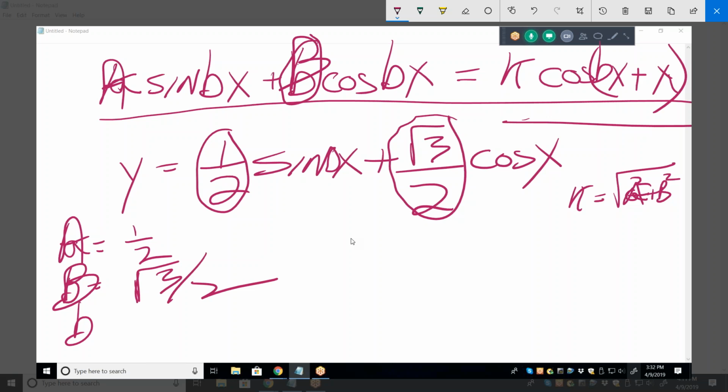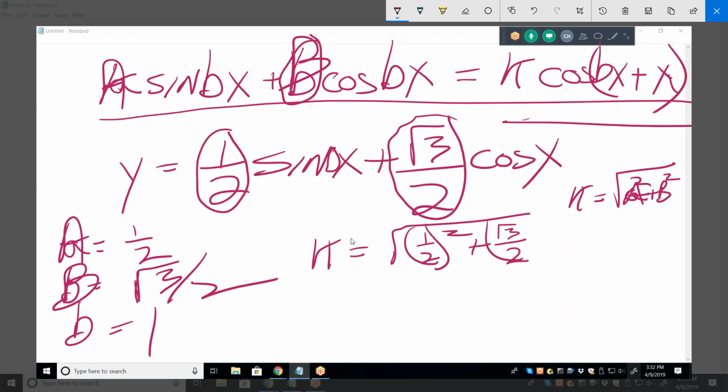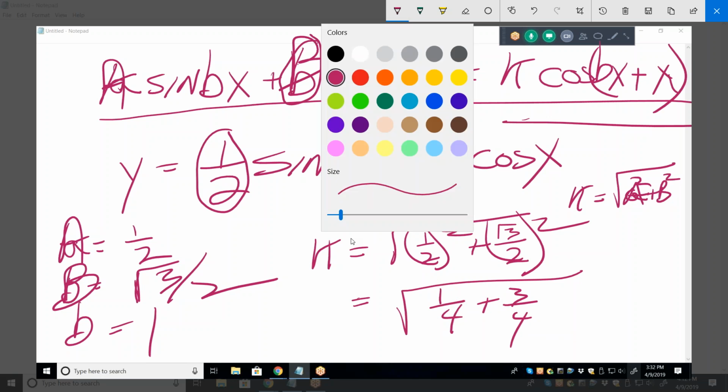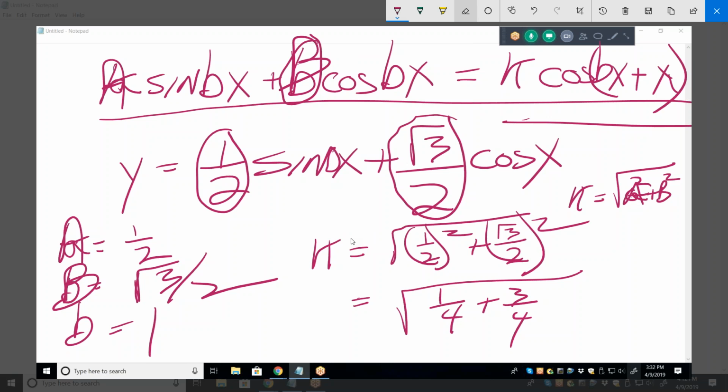Yes, sir. Little b is 1. And k is square root of (1/2) squared plus (√3/2) squared. Well, that's square root of 1/4 plus 3/4, square root of 1. So k equals 1.